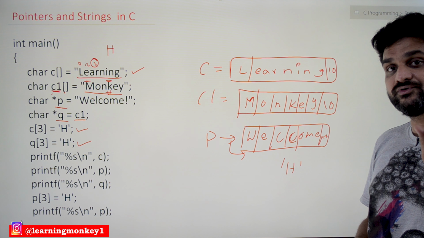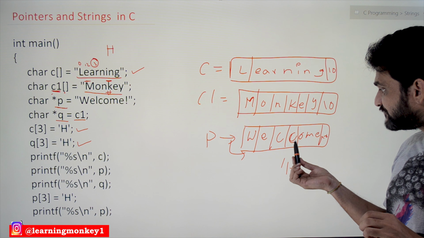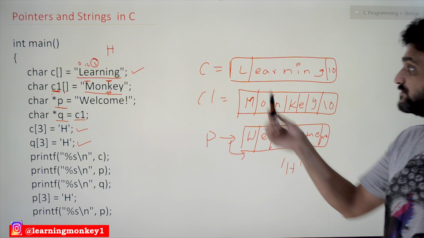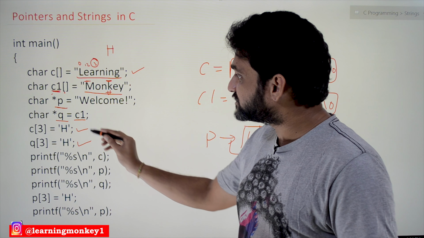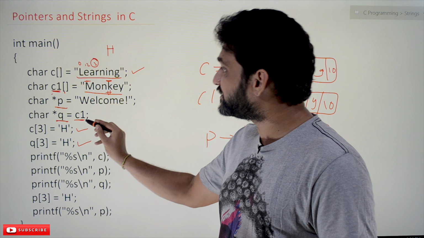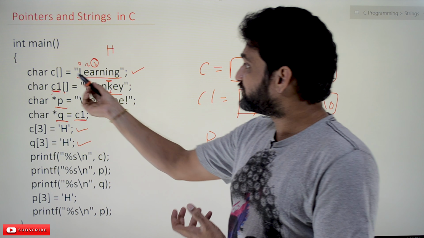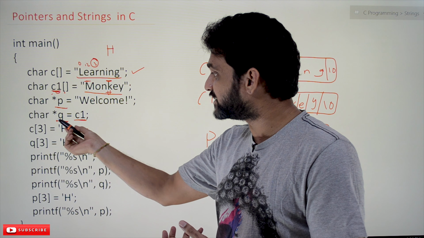But if we would like to modify the values of the string pointer, it is not possible. But for this, yes, it is possible. One more thing we have to understand here: the Q pointer is assigned with the address of a string. Here the address of C1 is assigned to this pointer.